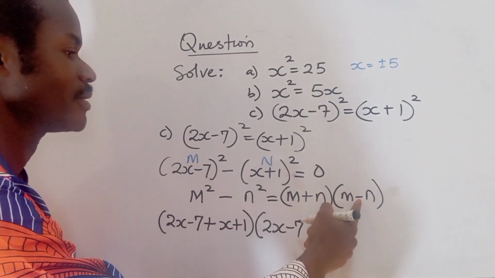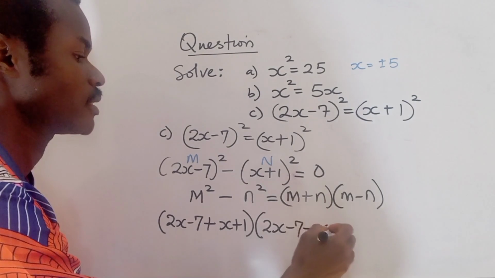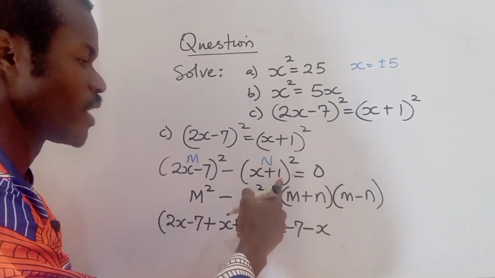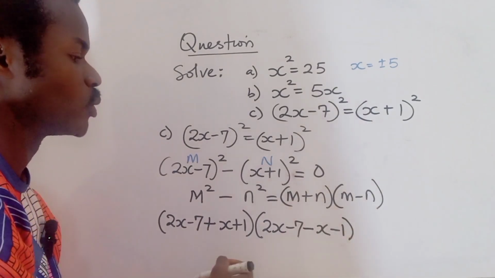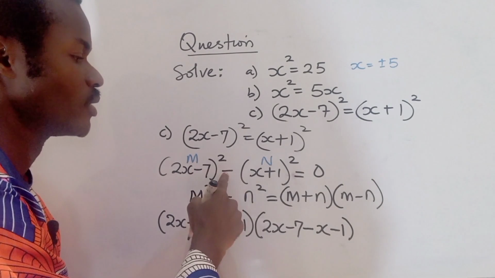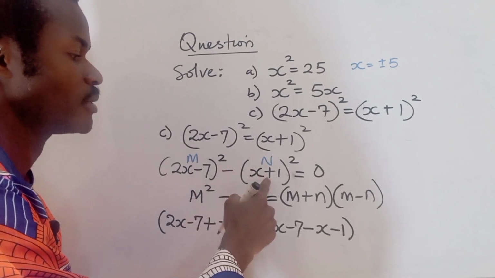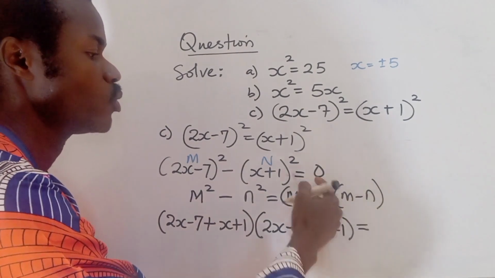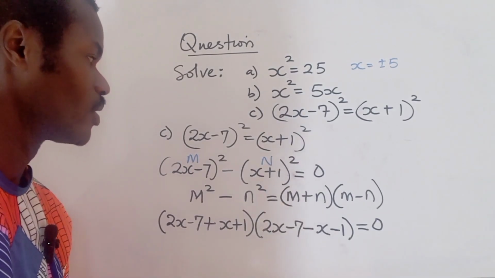Now, minus our n, so minus our n is what? x plus 1. So we are going to say minus x minus 1. Now, why minus 1? Because minus n means minus times all this is going to give us minus x, and minus 1, because minus times plus 1 is minus 1. So all this is going to be equal to what? 0. So this is the correct way of solving this.